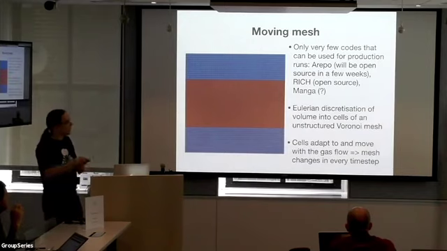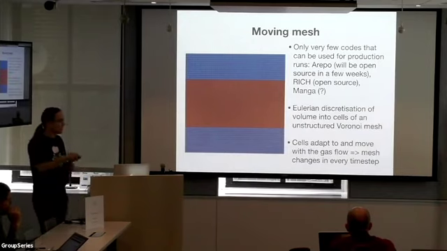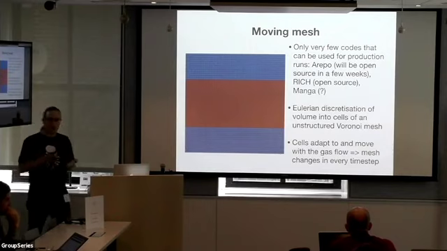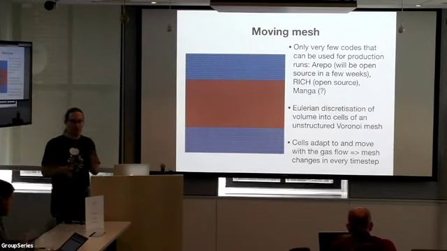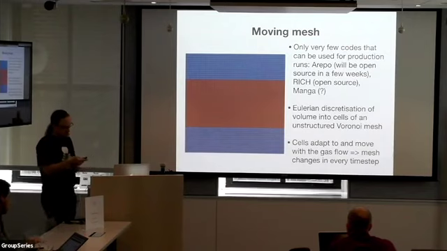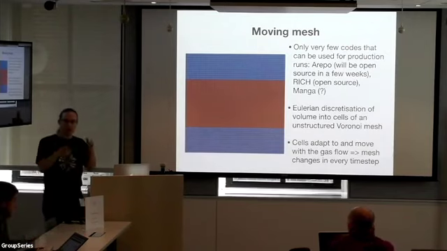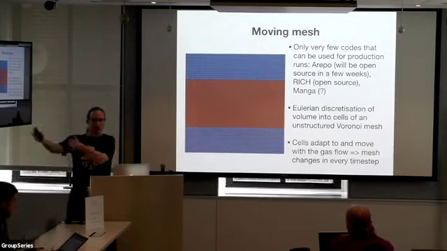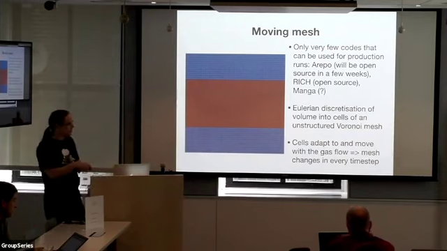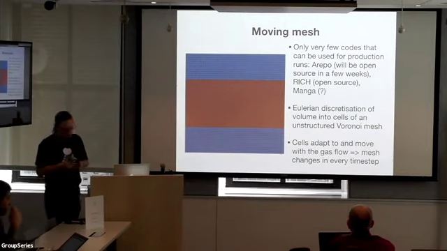So what's the difference here? Like in the AMR code, it's a Eulerian discretization, so you discretize the volume, but the cell doesn't stay where it is, it moves with the flow. This is done using a so-called unstructured Voronoi mesh.